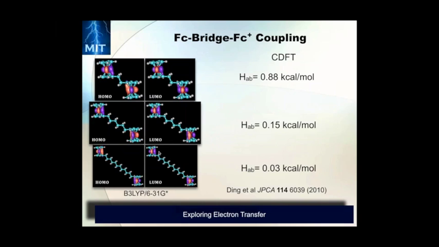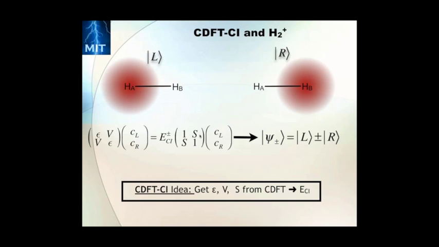So you can get energies, you can get couplings, but then getting back to this, you can actually take that information, the energies and the couplings, and try to reassemble some very interesting information. Because now, for example, getting back to the idea of H2+, you could say, all right, what if I try doing H2+?